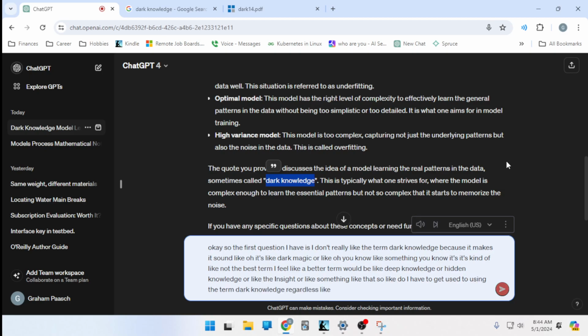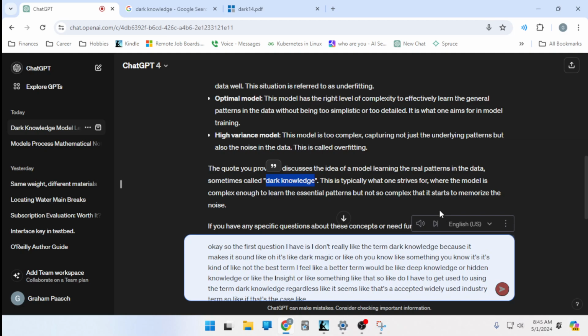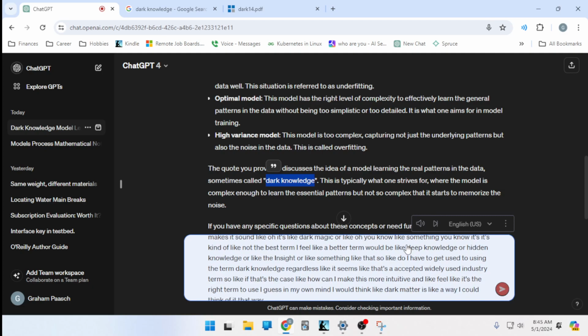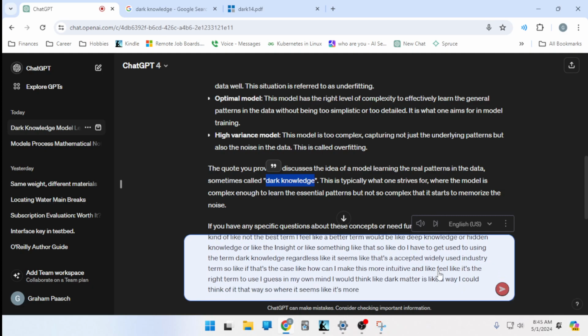It seems like that's an accepted, widely used industry term. If that's the case, how can I make this more intuitive and feel like it's the right term to use? I guess in my own mind, I could think of it like dark matter. So it seems like it's more or less the correct term, even though my own intuition would think there'd be a better way to name it.